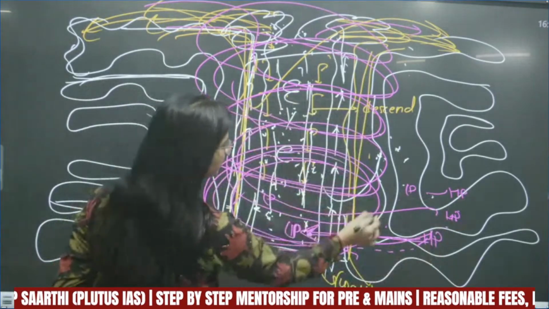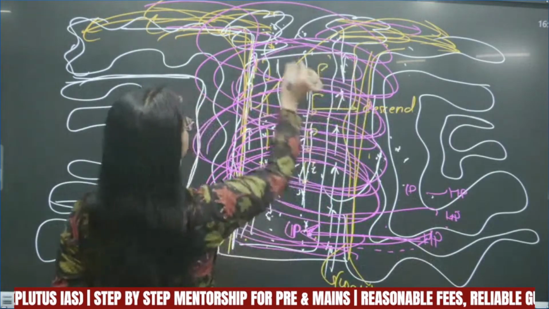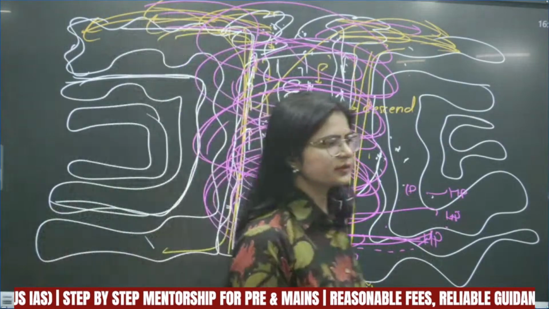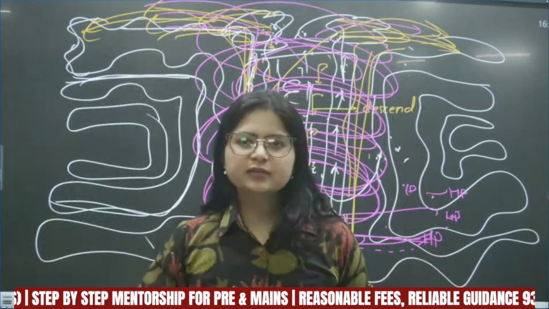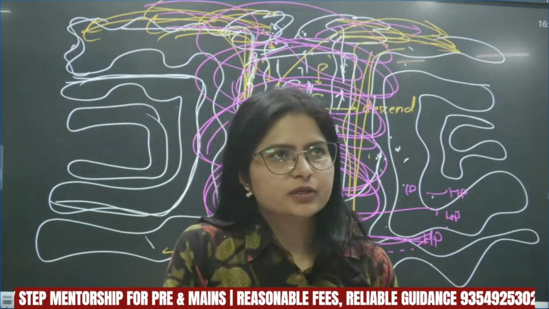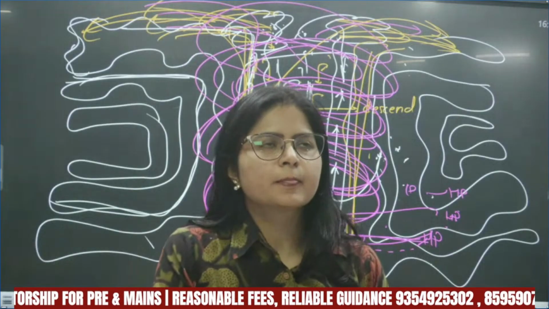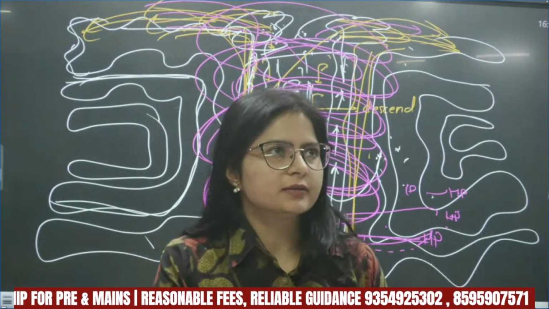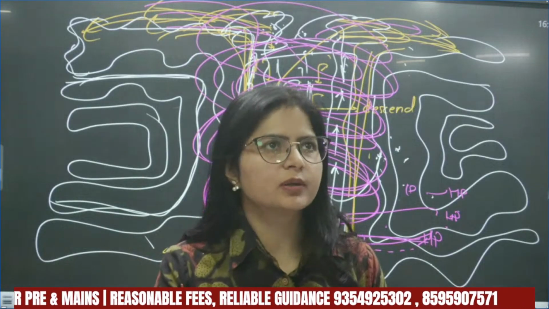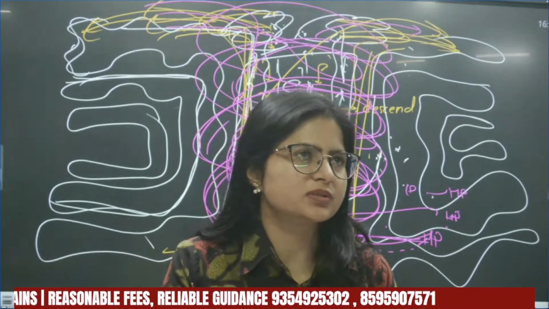A curved path कैसे आएगा आपका Coriolis force से, and then this will be formed. This is how it will be formed. The reason for this is that you need to have a certain degree of Coriolis force present, and you do have Coriolis force present above 8 degree north and 8 degree south. के बाद you have a good amount of Coriolis force, and it further and further increases, and it's max at the poles.